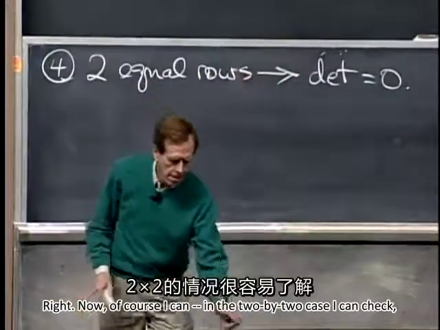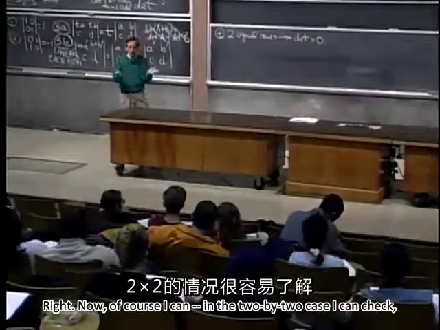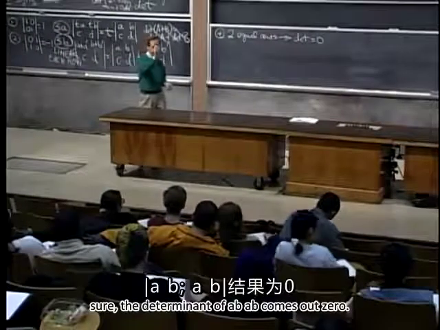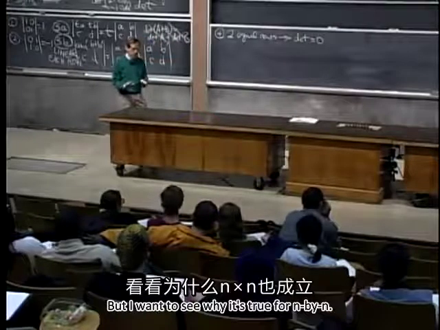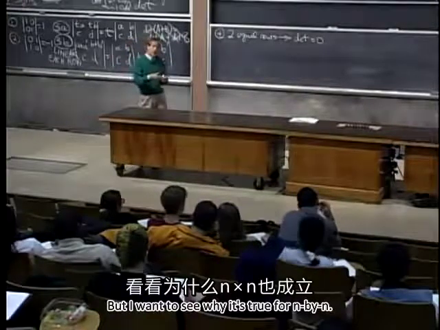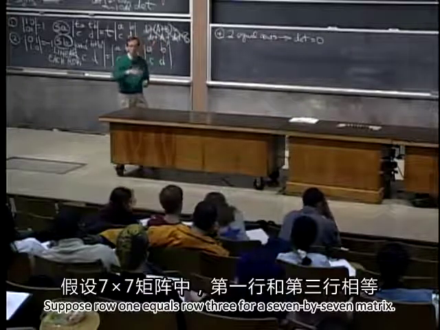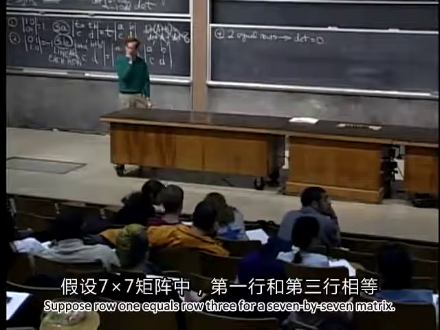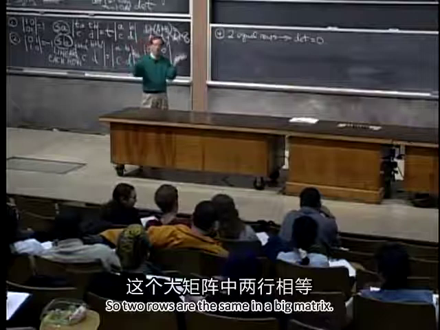Of course, in the 2 by 2 case, I can check, sure, the determinant comes out 0. But I want to see why it's true for n by n. Suppose row 1 equals row 3 for a 7 by 7 matrix. So 2 rows are the same in a big matrix.